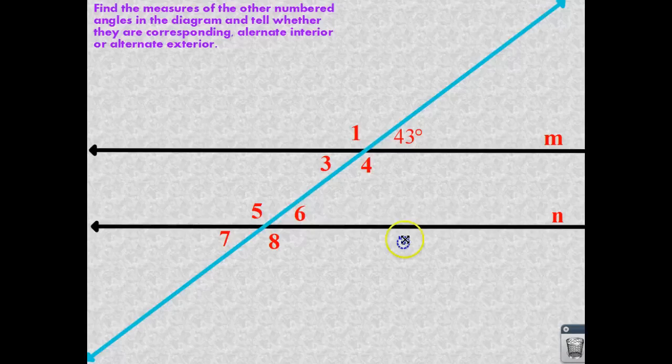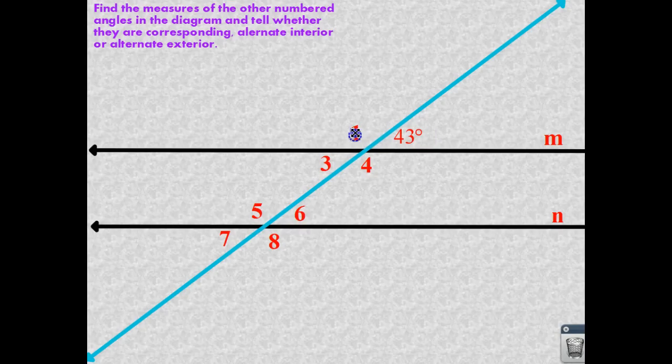So knowing that this angle right here is 43 degrees, by rule, I can figure out all of the other three angles based on vertical angles or supplementary angles.